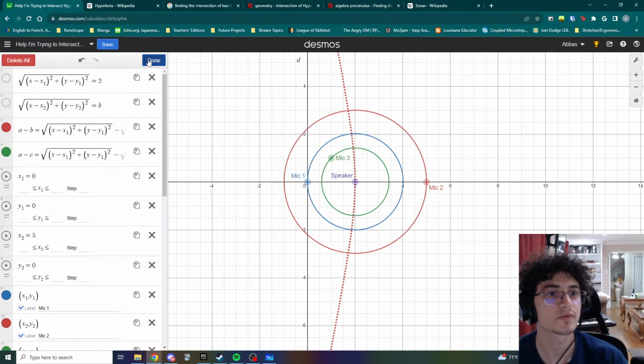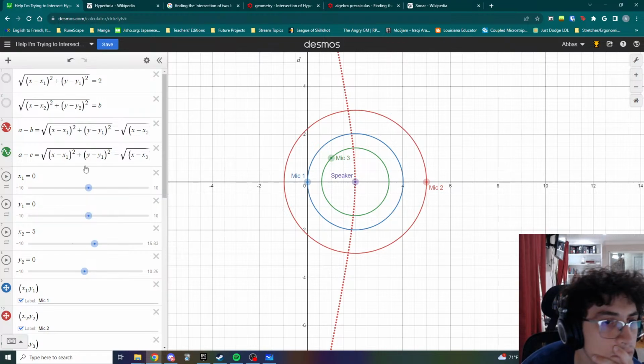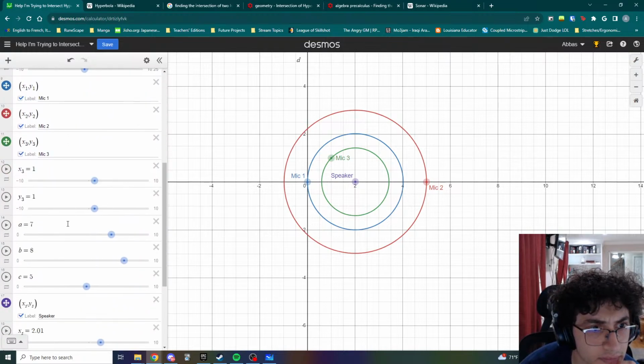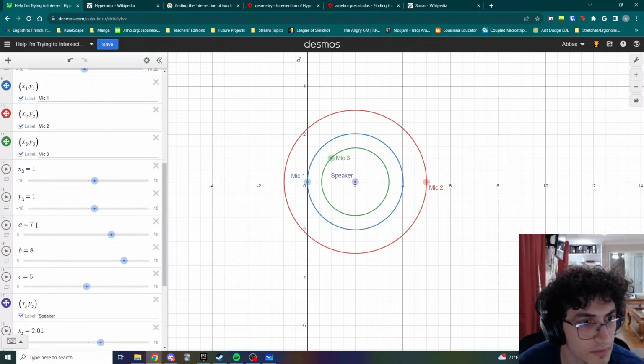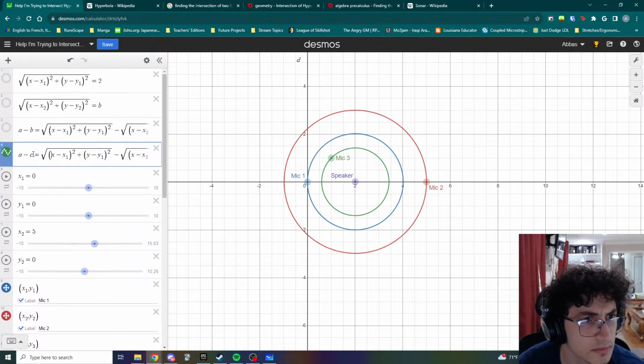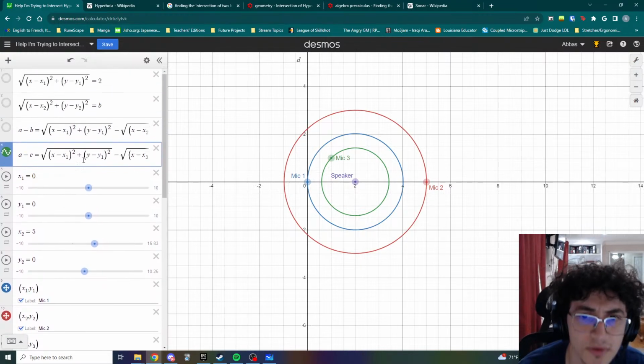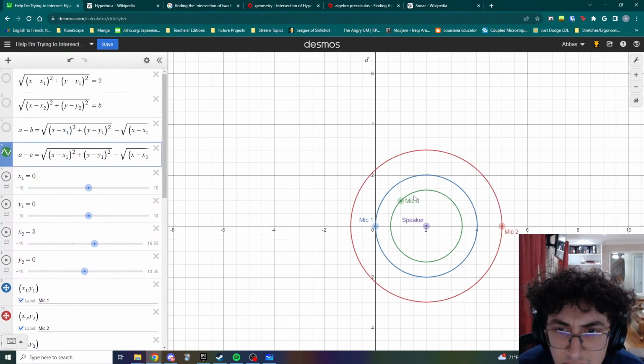But why is this not giving me a solution? We can turn this off. A minus C. Oh, this is negative. No. We did A minus B, and that was -1. A minus C is +2. So what the hell?